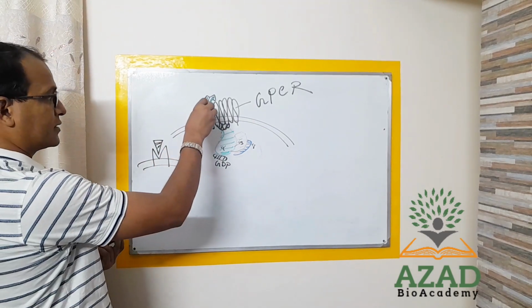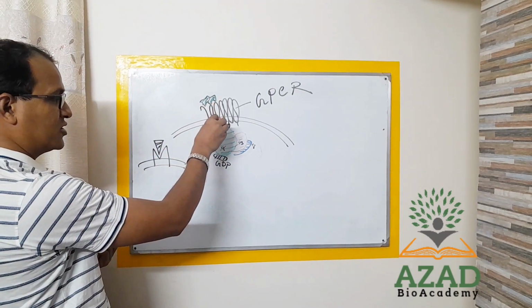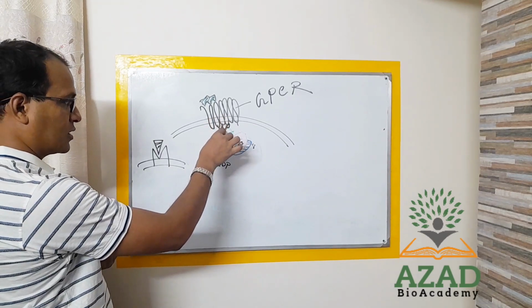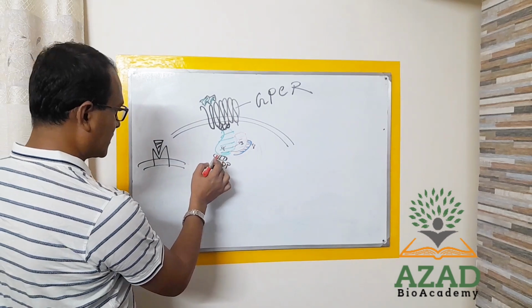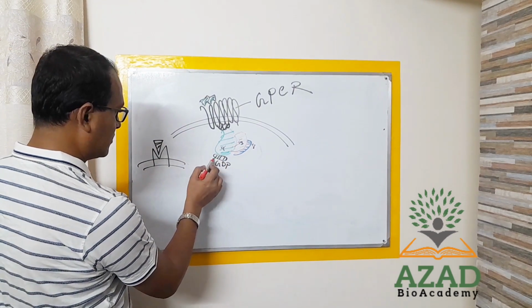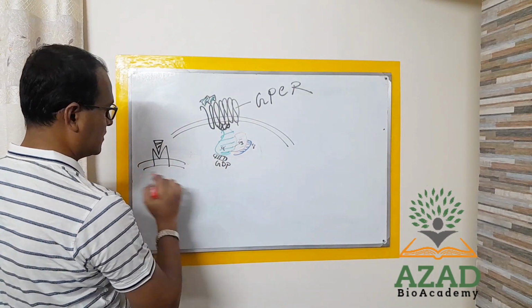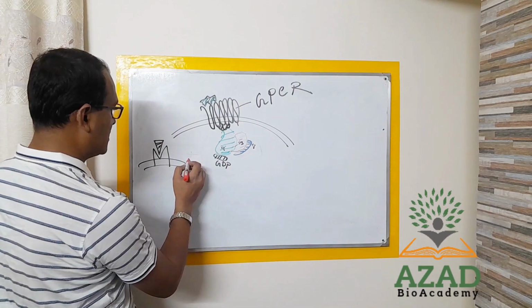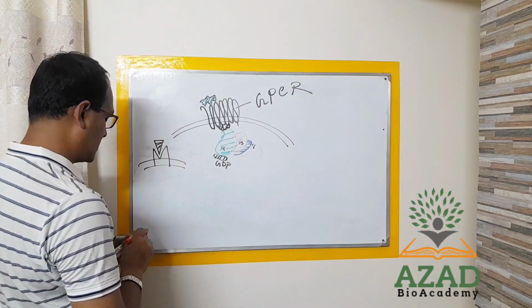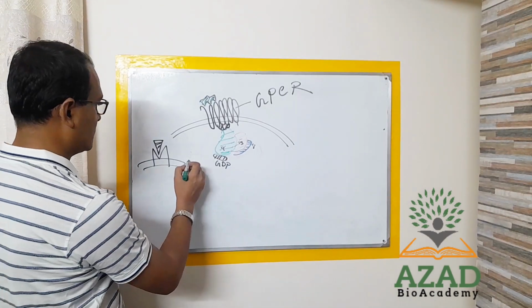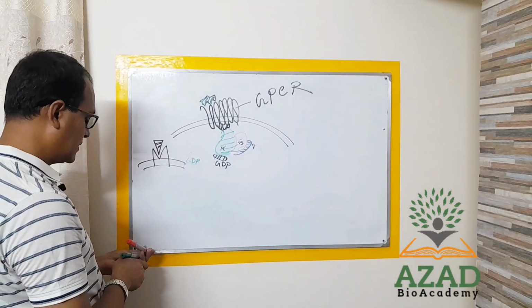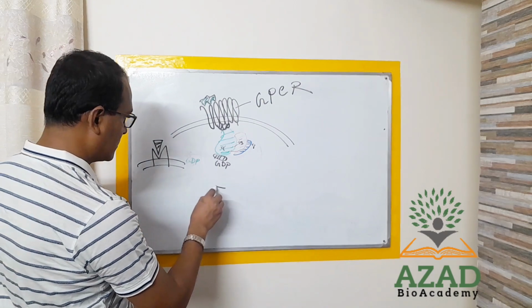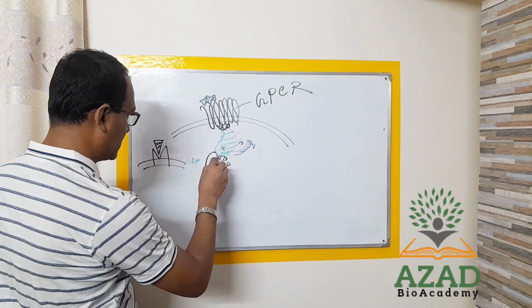So after binding to the ligand, the conformation will change and the stretching will occur and the G protein will be activated. When the G protein is activated, the GDP will come out from here, from within your cell.